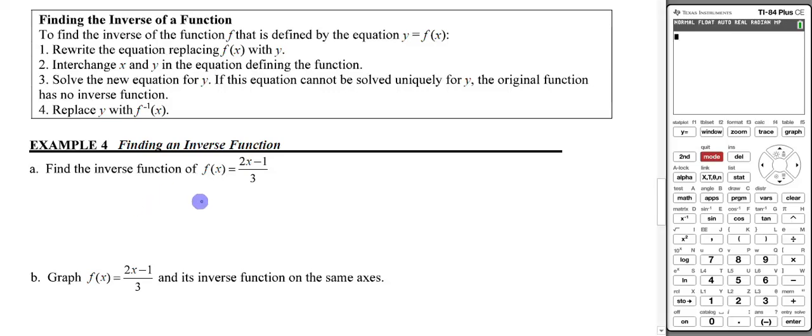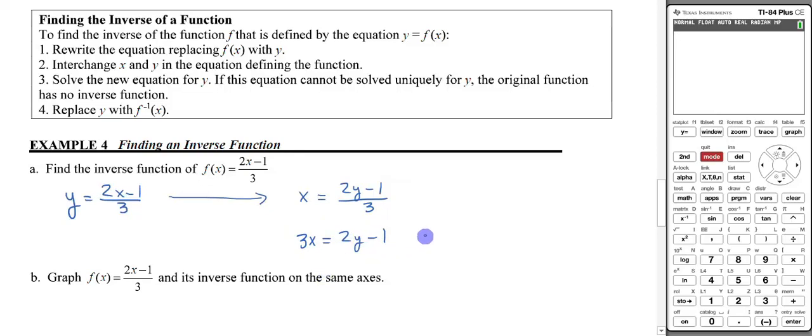So let's find the inverse function of f of x equals 2x minus 1 all over 3. The first step is to rewrite it without function notation. Then we switch our x's and y's. Make the y an x, make the x a y, and now I need to solve again for y. I'm going to multiply both sides by 3. That gives me 3x equals 2y minus 1.